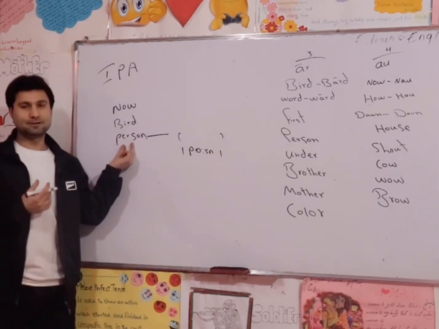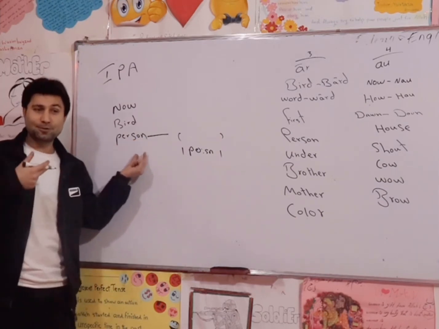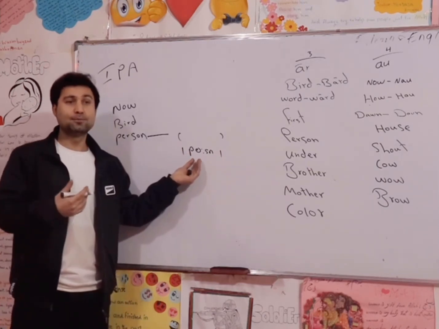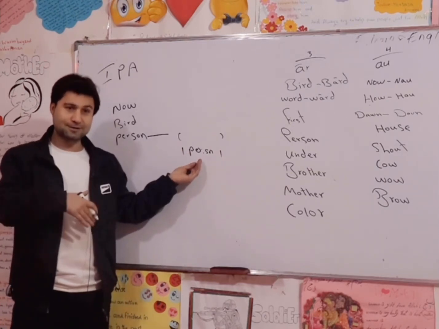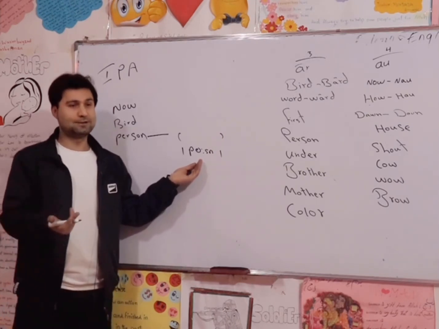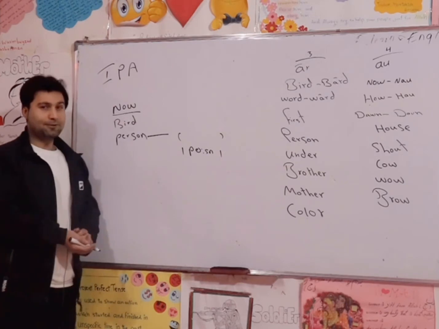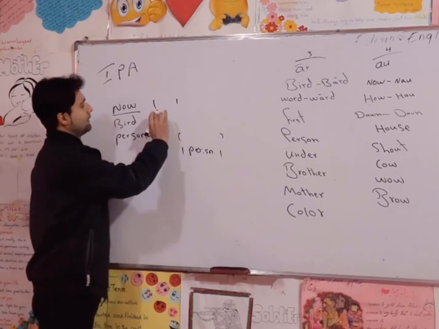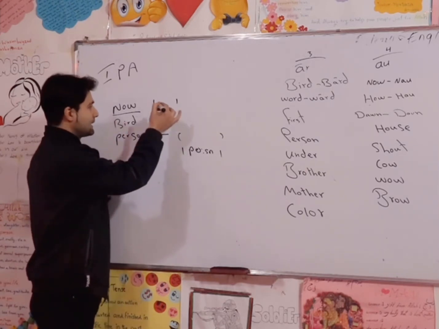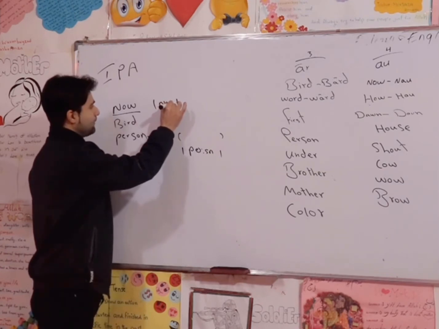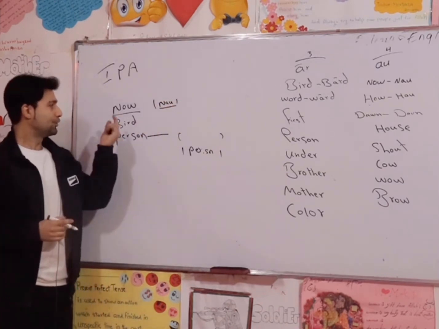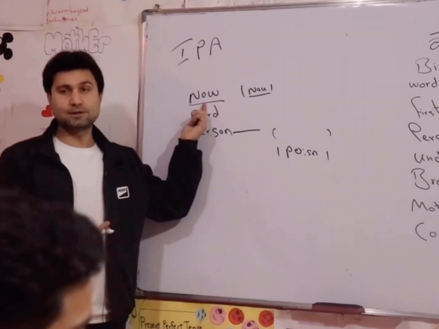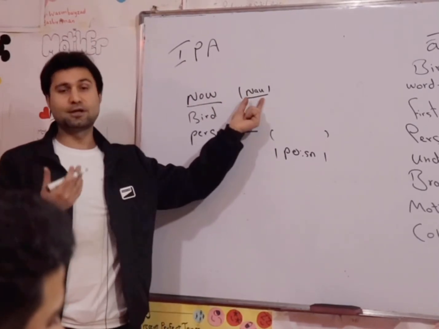We write this word like person, but the phonetic transcription tells us to pronounce it like person, not person. So when you don't know the word, you write it in the dictionary, and between parentheses it will tell you the phonetic sound of this word. It is not the writing and formation of the word, but the pronunciation of this word.